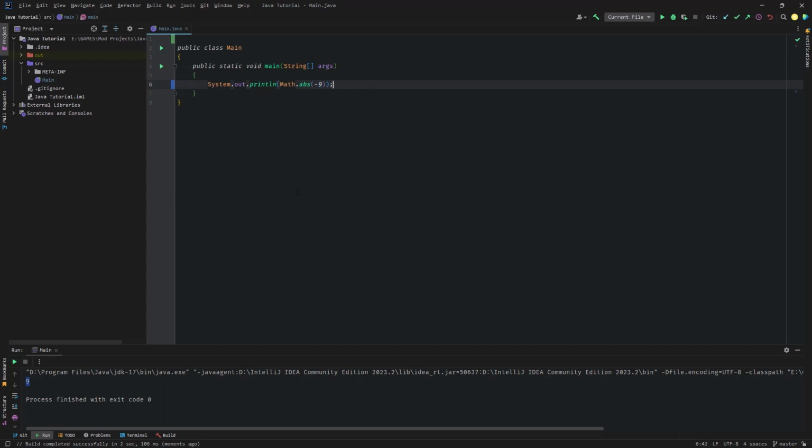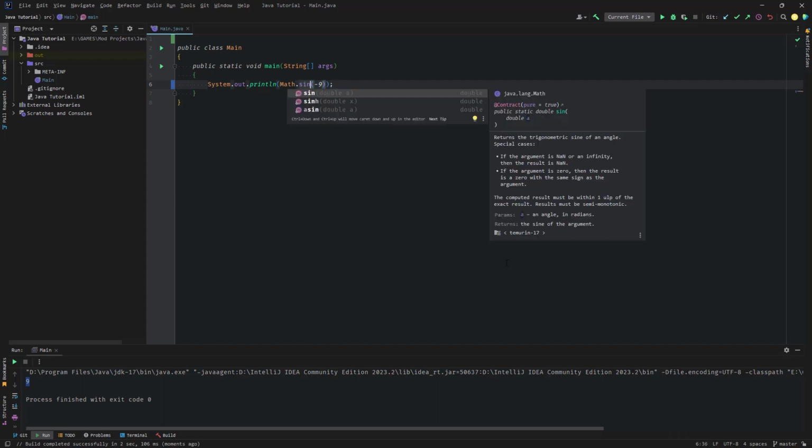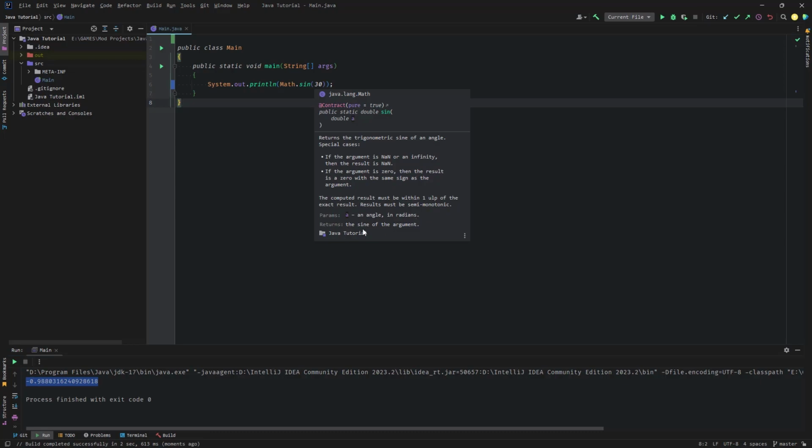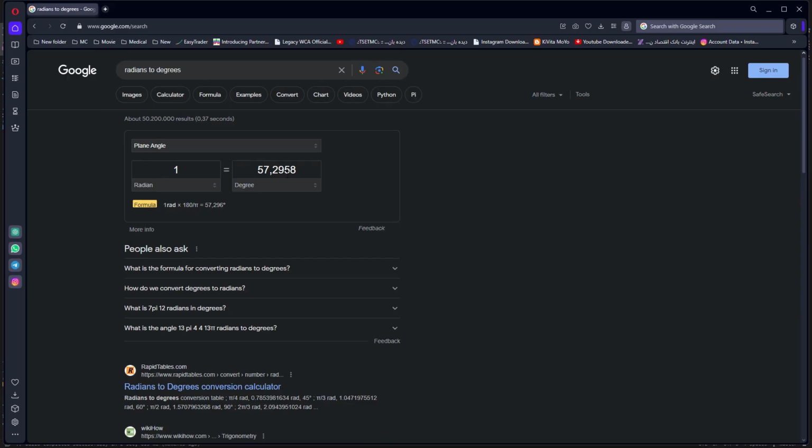Now, there are tons of different mathematical functions like the sine, that is calculating the sine value in radians. Remember, not in degrees, in radians. However, you can Google it up. The very first one is a calculation, but take a look at here. 1 radian multiplied by 180 divided by pi.